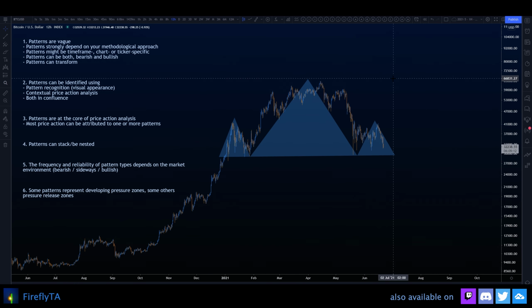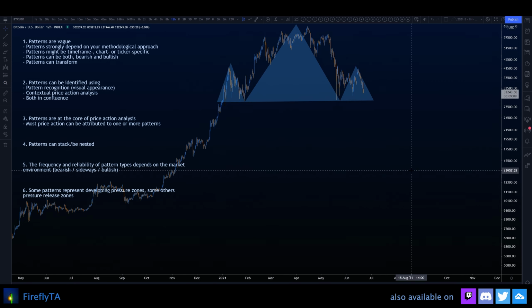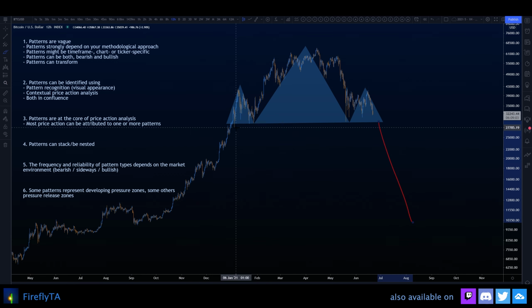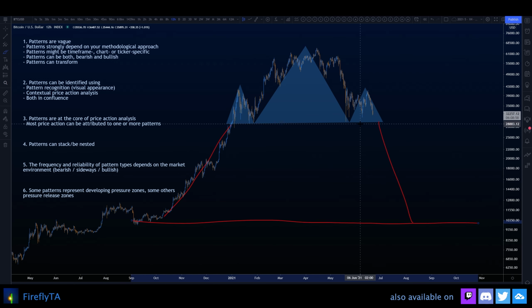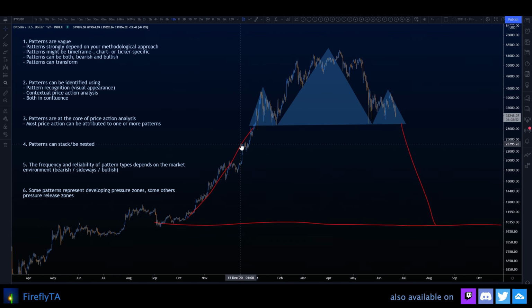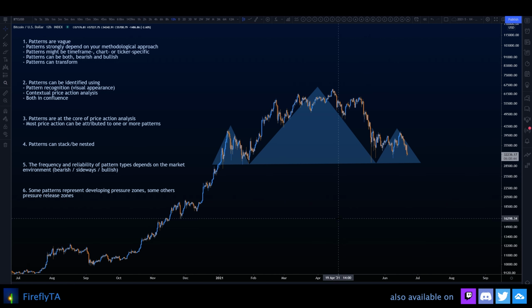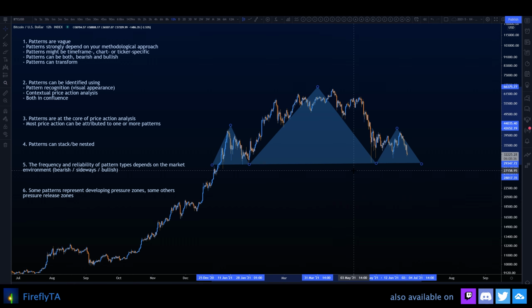But is it really reliable? Can we expect this pattern to break down like this because this is how it came to be? Is this what we are really looking at here? Or is it something different? This is a very good question, and this is a prime example for why contextual price action analysis is extremely important when you're trying to catch really significant trades.